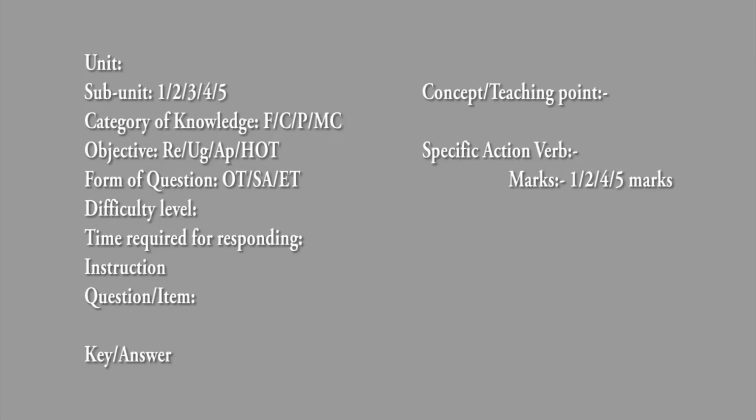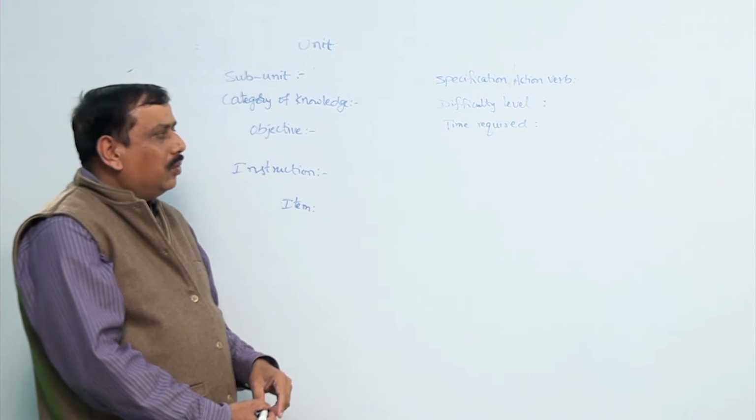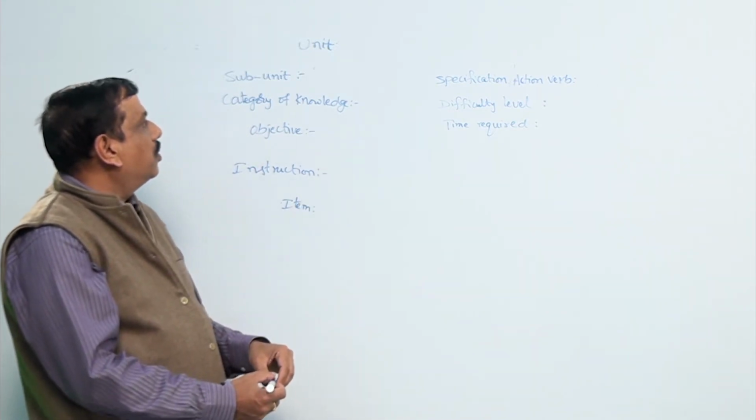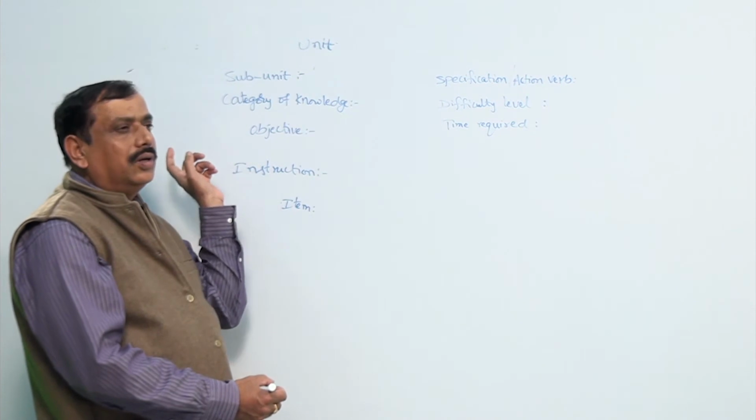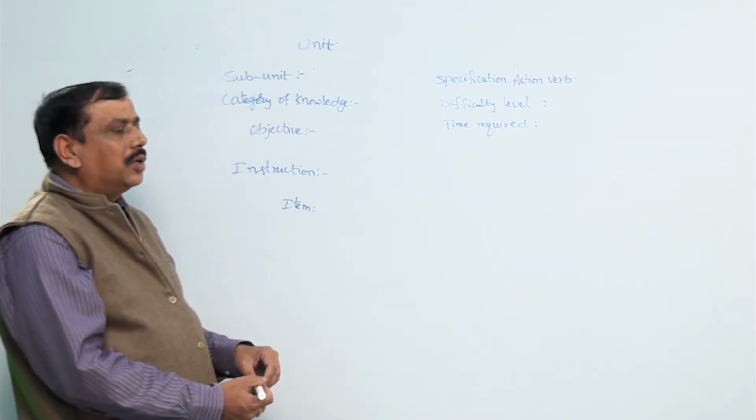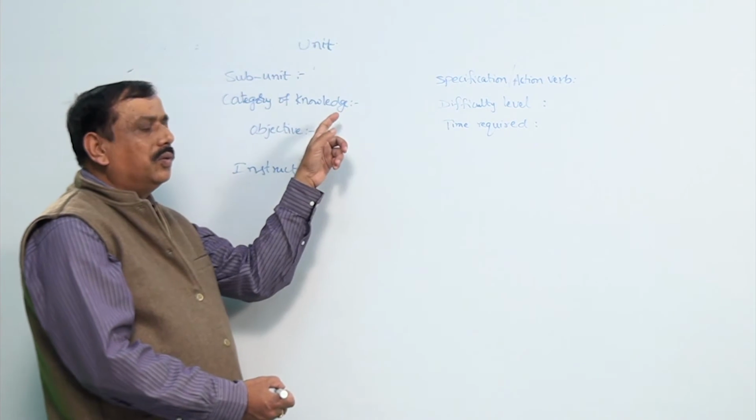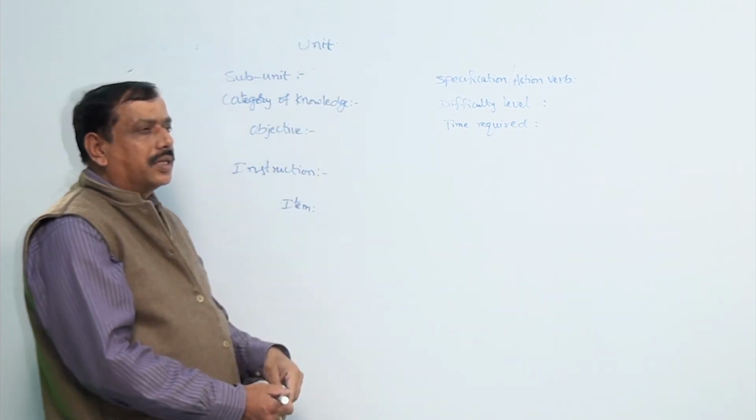Now, we look into the format that you can use for developing questions based on your table of specification. This is the format one can use for developing any questions. This format indicates the unit that you have taken up. Once all these basic informations are provided, based upon your table of specification, you are going to write which subunit you are going to construct a question on.